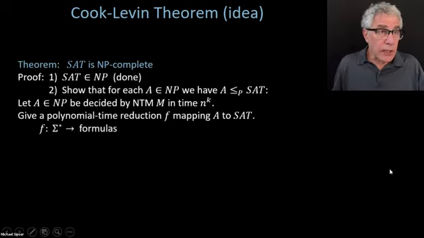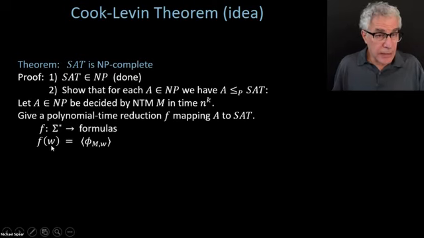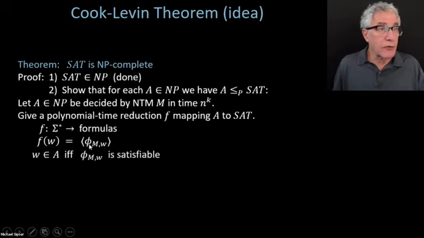So what does that reduction look like? It's going to map strings, which may or may not be in A, to formulas, which may or may not be satisfiable. That's what the reduction's got to do. Saying that more formally, it's going to take some string w and map it to a formula we'll call phi sub M,w, where M is the machine that decides A, and w is the input.